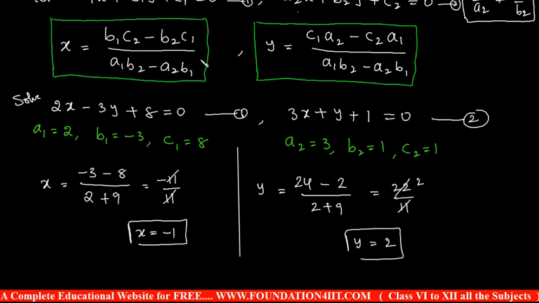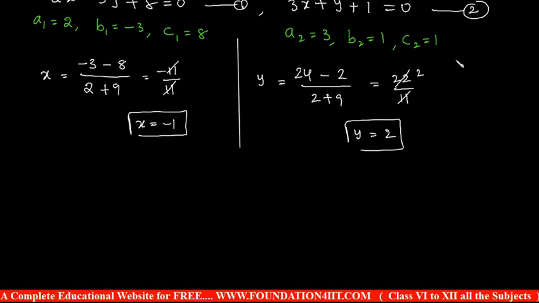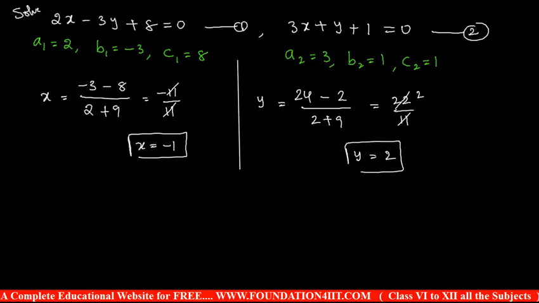We only need to remember these formulas. In case you feel it is tough to remember them, there's one simple shortcut trick I'll tell you. Let us see the alternate method. Here are the two linear equations. One is 2x minus 3y plus 8 is equal to 0.